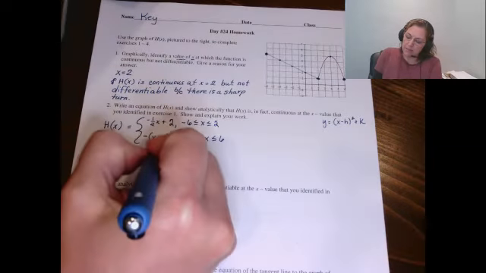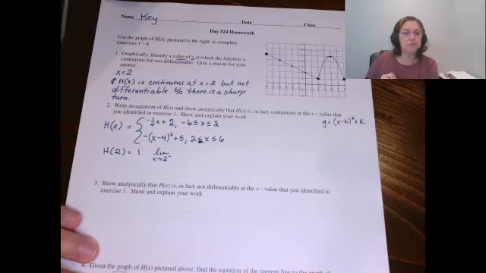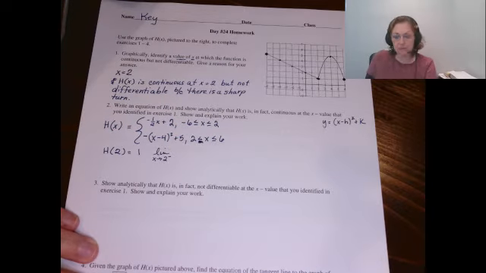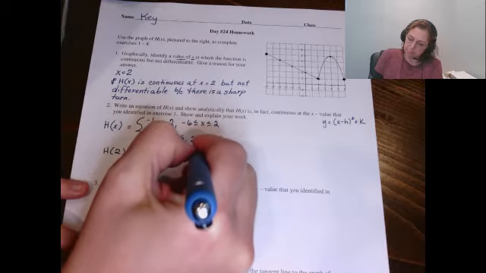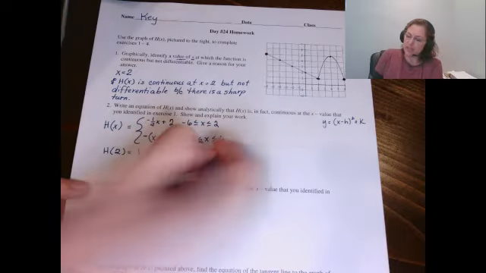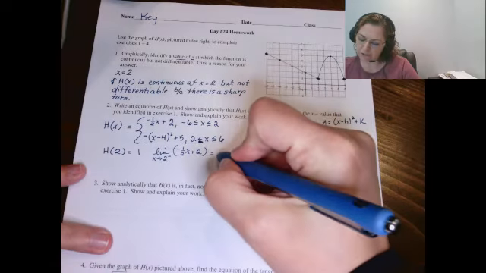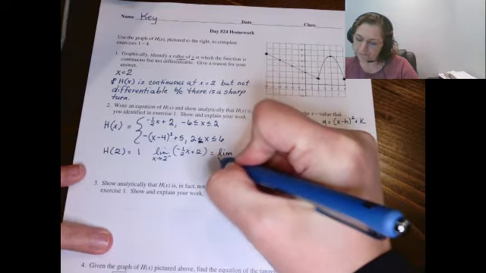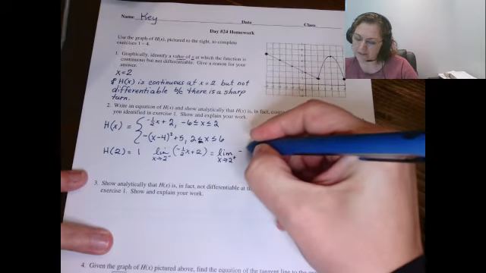So I'm going to do the limit as x approaches 2 from the left. We'll do that from the first piece. And I need to show that that limit is equal to the limit as x approaches 2 from the right. And we'll do that from the second piece.